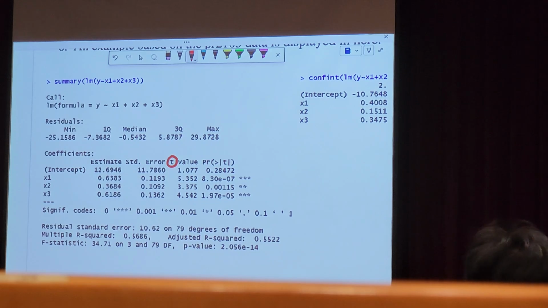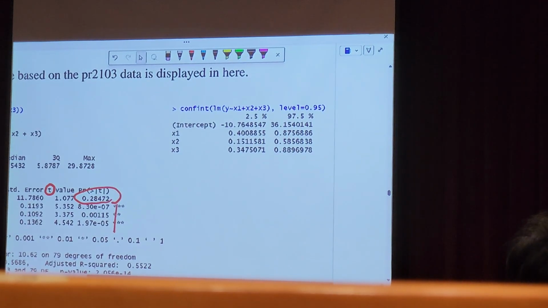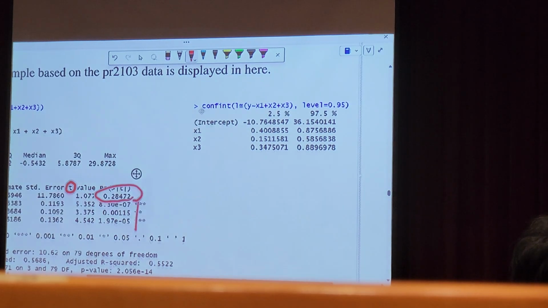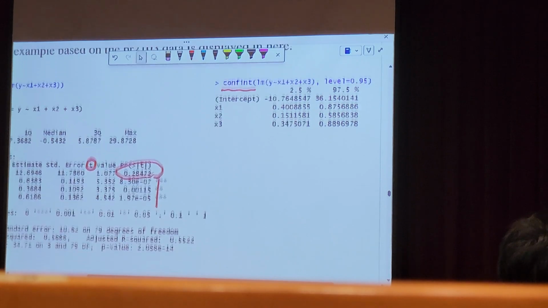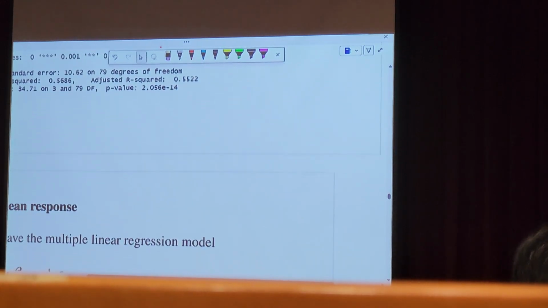You can see that the p-values are all very small, except for beta naught. So they are all significantly different from 0. And here's the confidence interval. If you invoke this function, you will get that.